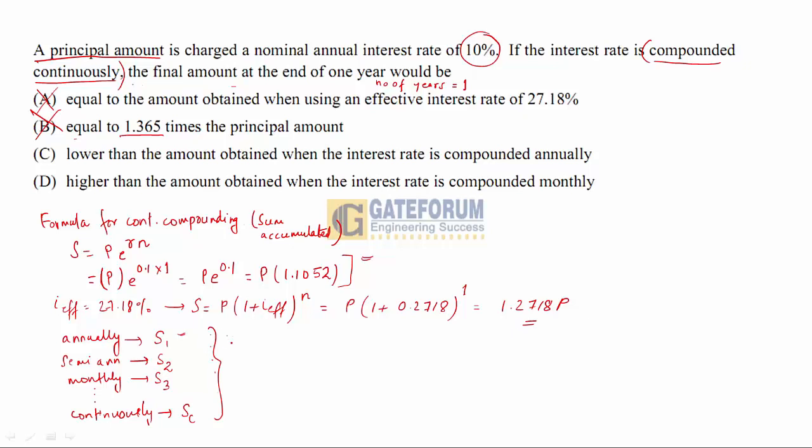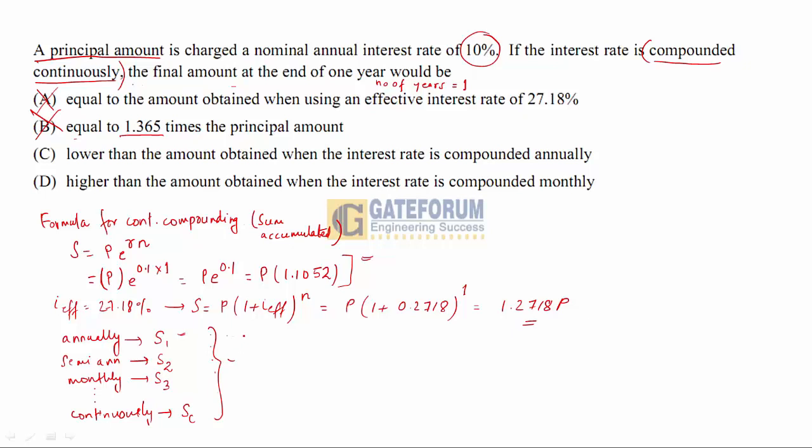Earlier when it was annual compounding, the interest period was only 1. But now when it is semi-annually, the interest period is how much? 2, because semi-annually means 6 months plus 6 months. When the compounding is monthly, the number of periods is 12. In the semi-annual case, the number of periods is 2.